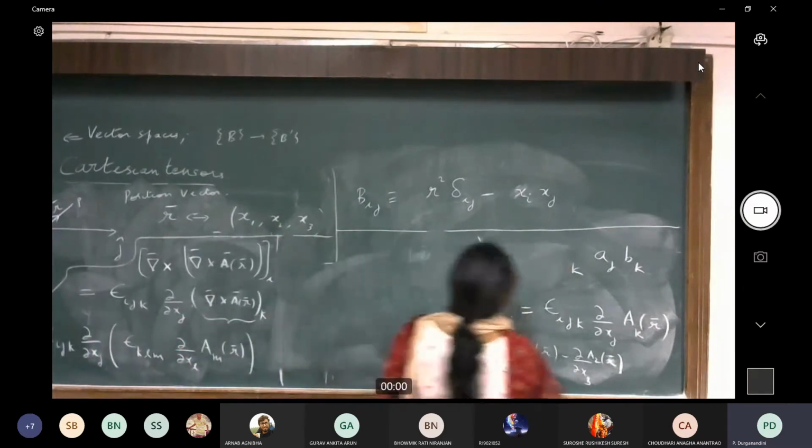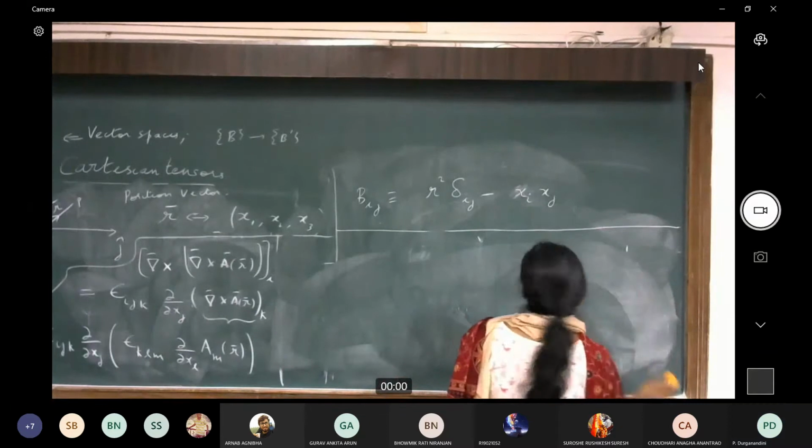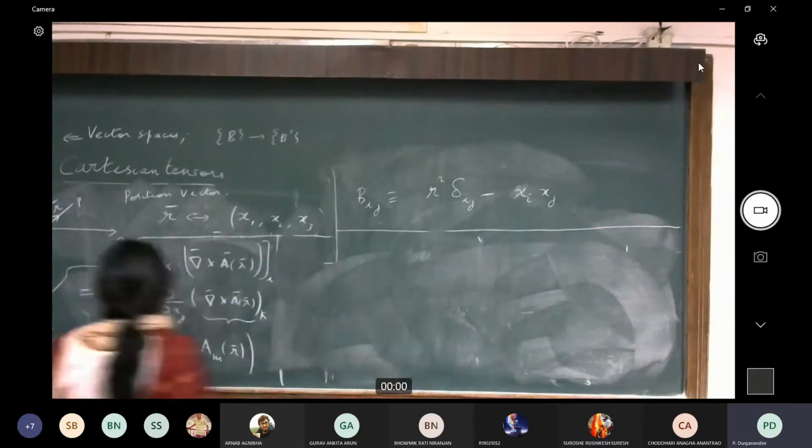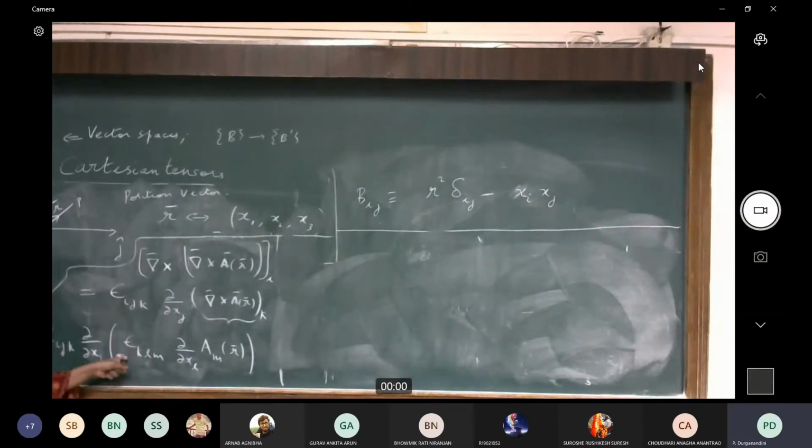So now what I can do is, see now after all this, epsilon_klm is something which doesn't depend at all on the coordinates. So I can take this outside of this del of del by del x_j.